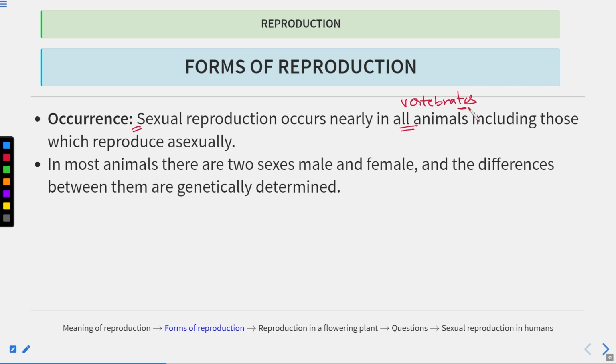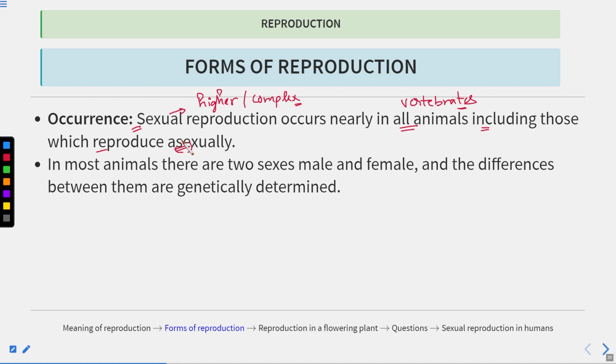But sexual reproduction takes place in the higher, complex organisms, which have complex structural organization. Sexual reproduction occurs in all animals, including those which reproduce asexually also. Some organisms can reproduce by both methods, asexual as well as sexual reproduction.